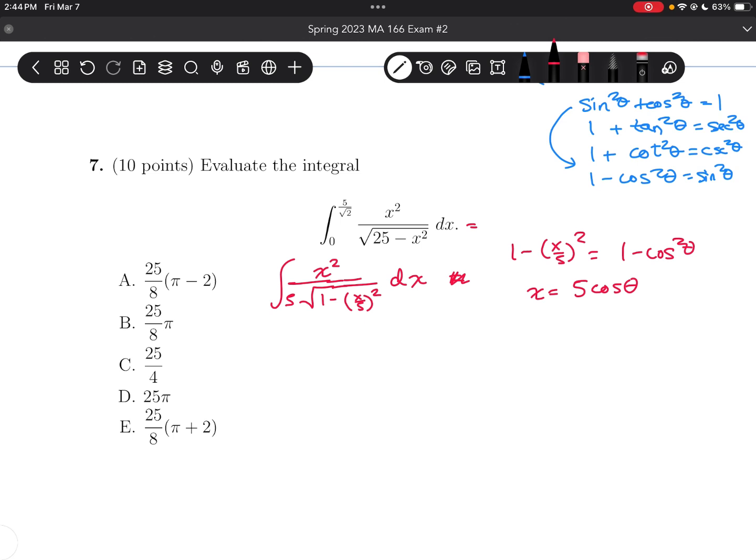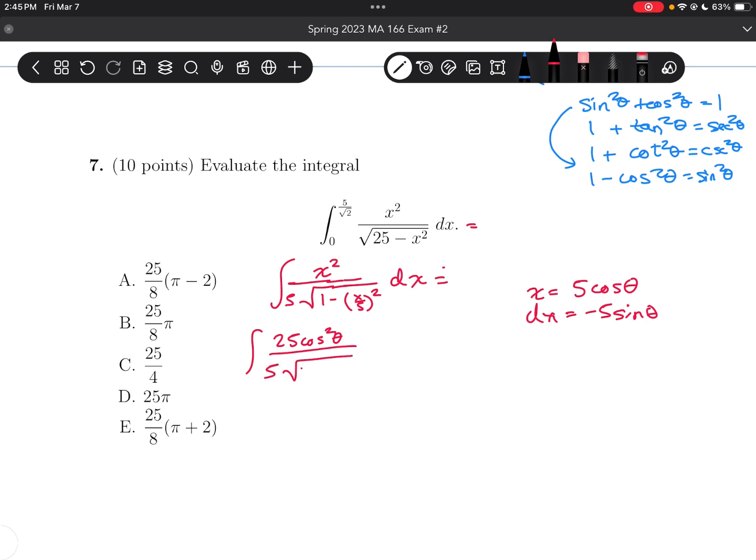Okay, so now if x equals 5 times cosine theta, I also have to calculate dx. dx would equal negative 5 sine theta. And now I just plug these values into the expression. So I get 25 over 5 times the square root of 1 minus cosine theta squared, times negative 5 sine theta.